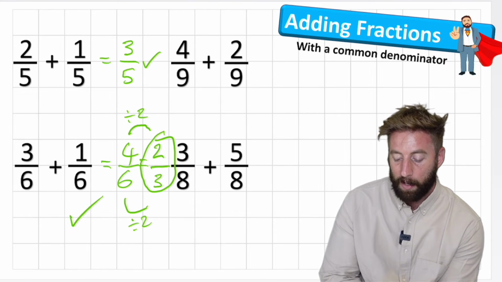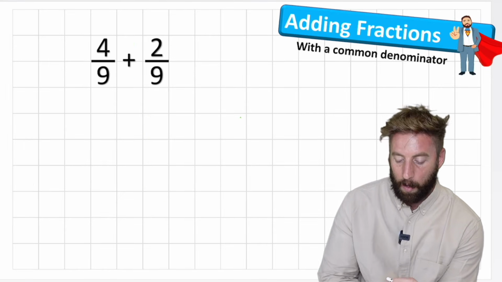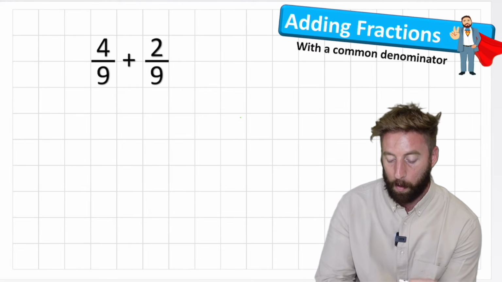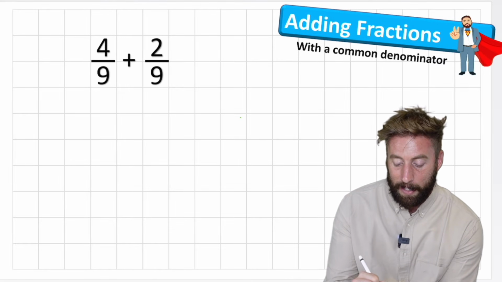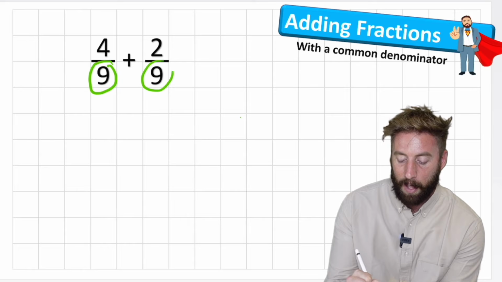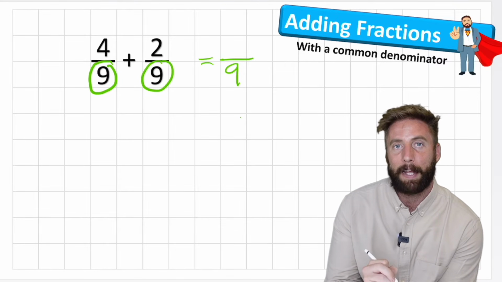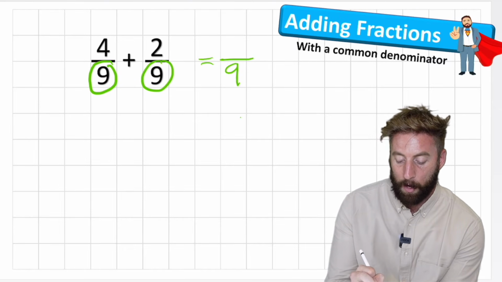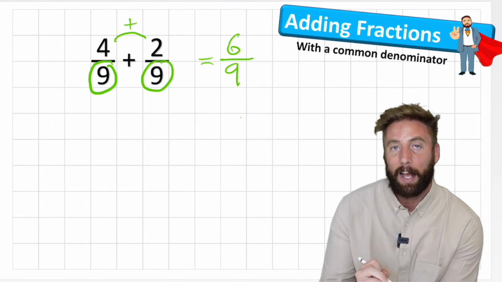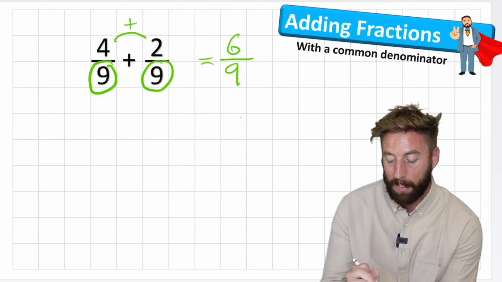Okay, question 3. 4/9 add 2/9. Here we go, and I'm just going to do this in my super quick method now. So I'm adding 9ths, so my answer must be in 9ths too, and I can simply add my two numerators together. 4 add 2 equals 6. 6/9. And can any of you see a common factor between my 6 and 9?